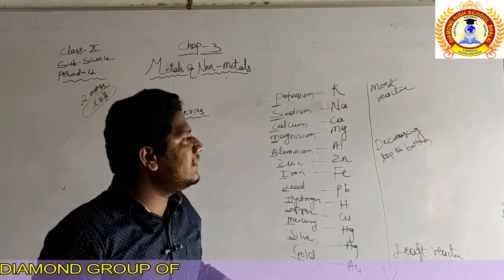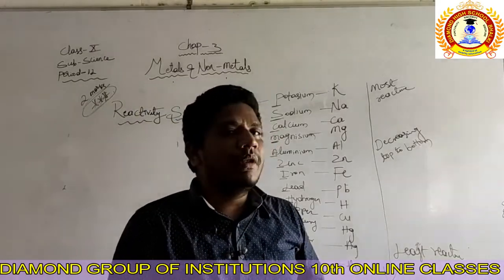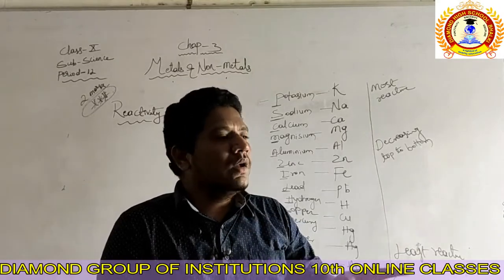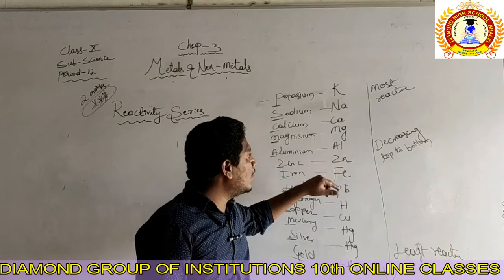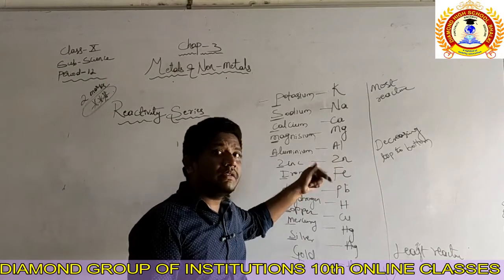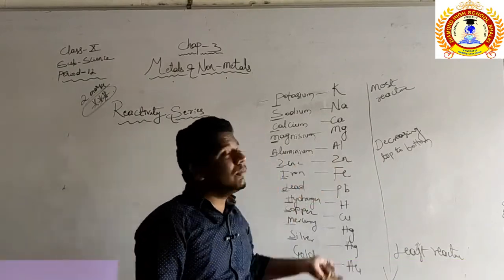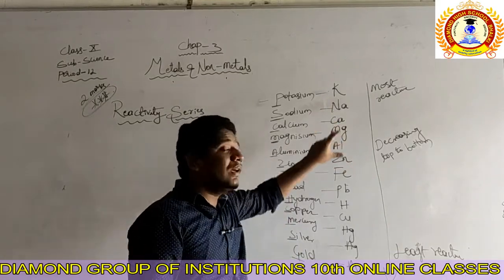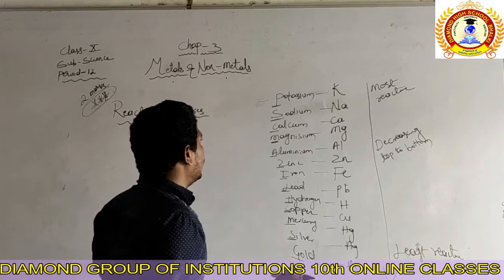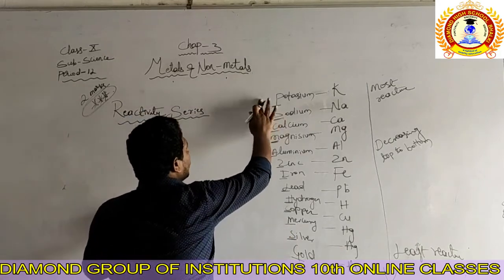If you don't have an easy way of remembering, it is not possible to remember. One or two will get displaced, and if one is coming up and another is coming down, the whole reactivity series will be wrong. So it is very important to write the elements one after another in sequential order.